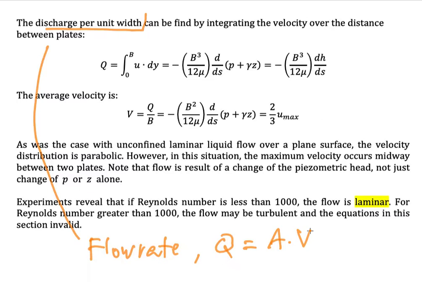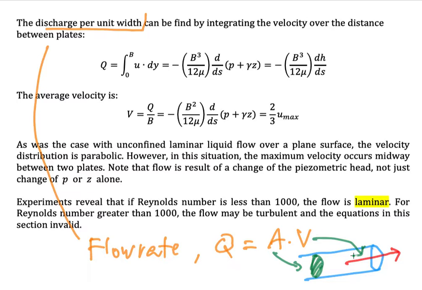If we have a pipe here and we have velocity through the pipe, we need to multiply the cross-sectional area, which is perpendicular to the velocity flow, with the velocity. So the A is here and the velocity is here.